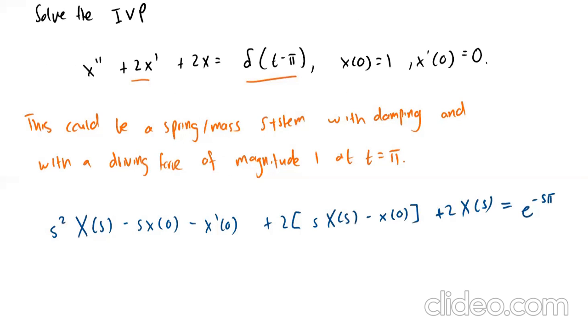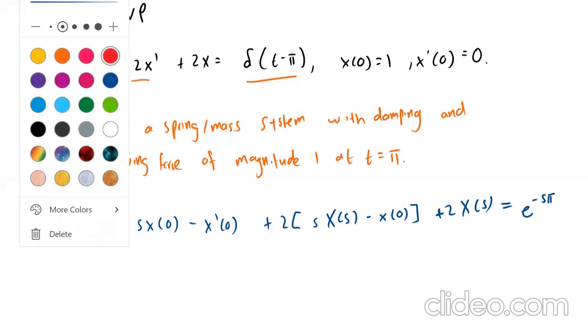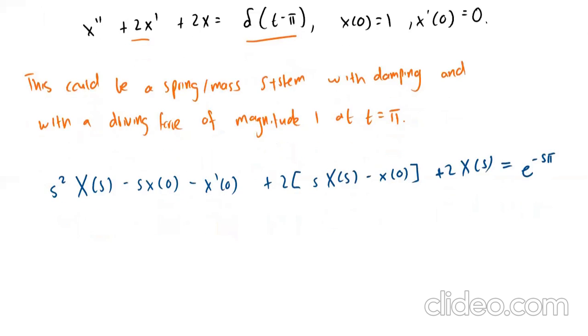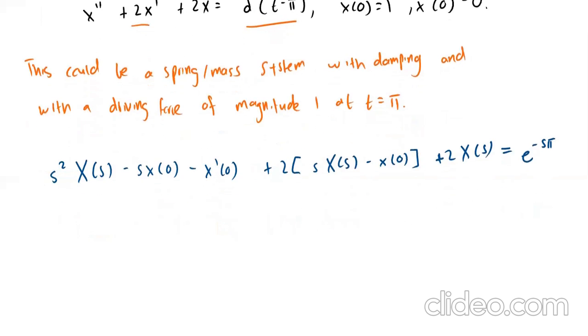Very simple. Now let's simplify. Let's combine all of the X of s terms. I have an s squared plus 2s plus 2 times big X of s.